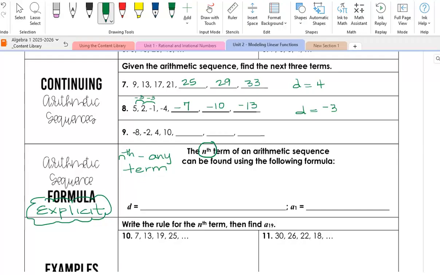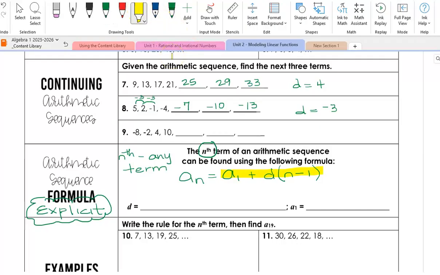Now, the formula you're going to use is A sub n equals, sub means it's lower. It's not an, it's A sub n. That means I'm writing it little down below. A sub 1 plus D times n minus 1. Now, in order to use this formula, I'm going to highlight it.